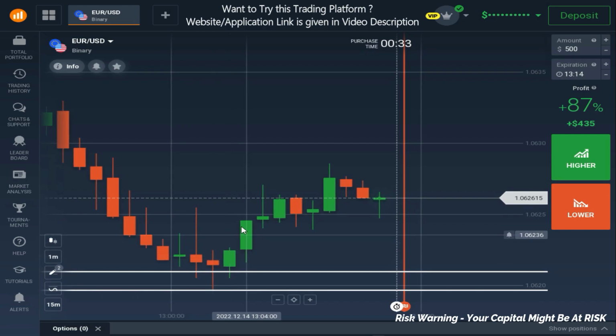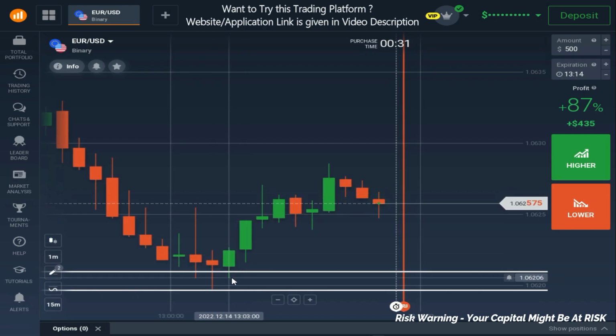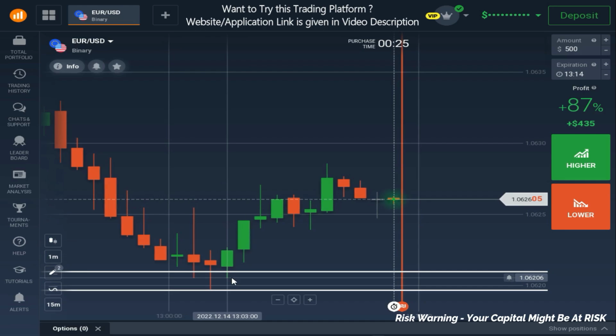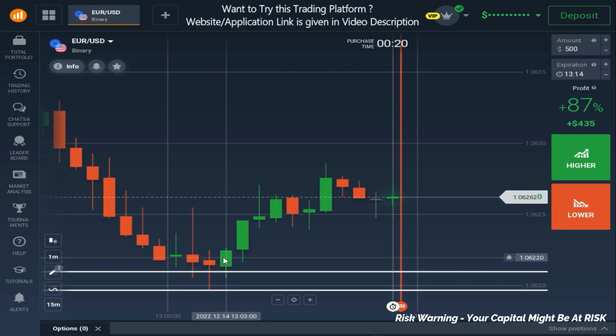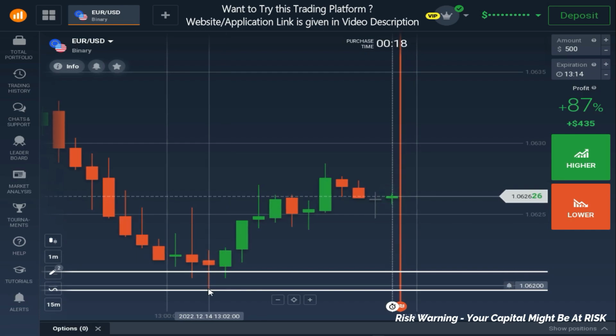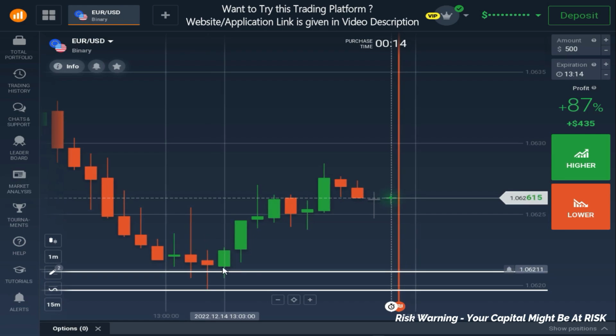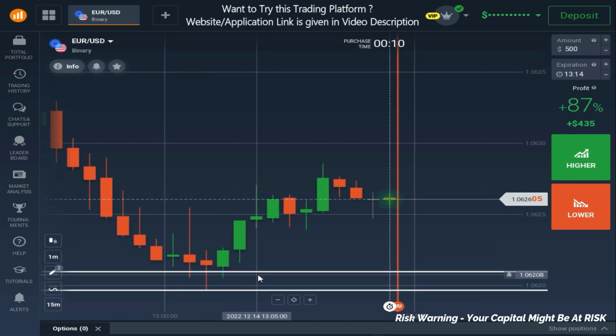If this candle was formed here, then we can say that this is the best confirmation, or a very high probability confirmation. But for me this was quite a good confirmation, and that's why I took the trade, because I wanted to place my trade as near to this support level as possible, because then I have the chance that even if the market reverses, I can expect again a rejection from the support level.